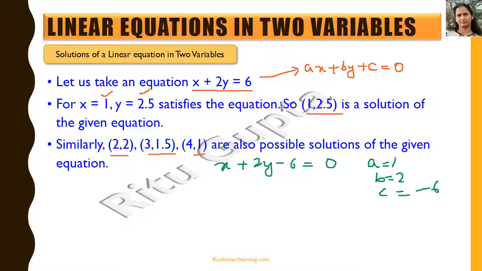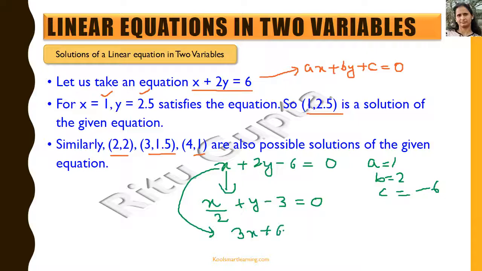Now if we divide this whole thing by 2, we get x by 2 plus y minus 3 is equal to 0. Or we could multiply this whole equation by 3 and write it as 3x plus 6y minus 18 equal to 0.